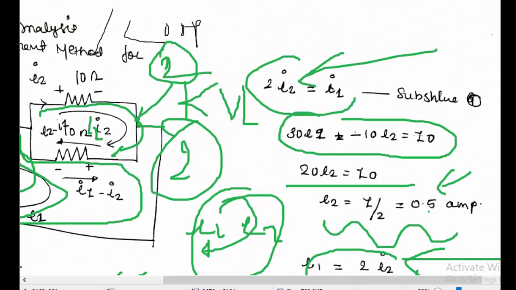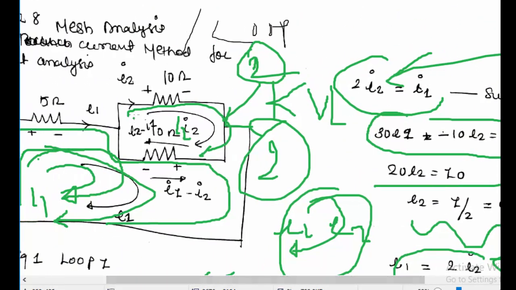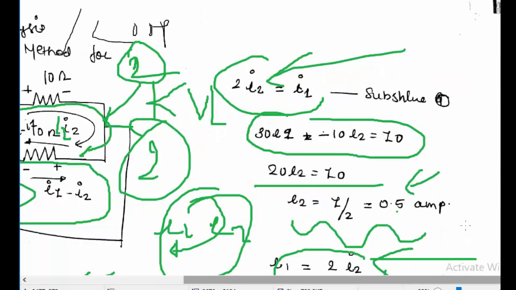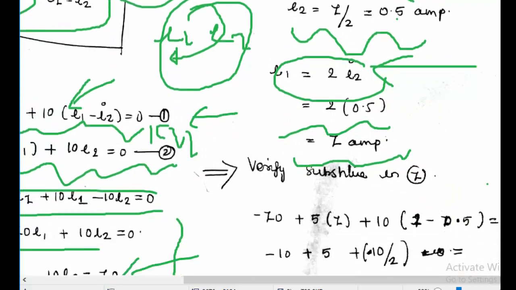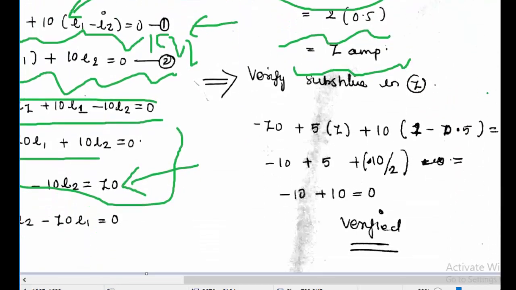So this kind of question could come, asking to find the current in any of the resistances, or even to find the voltage sources if the current is given for a loop or a resistance. You can use the mesh analysis or loop analysis method.